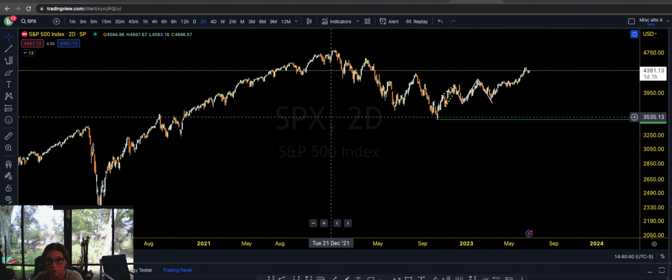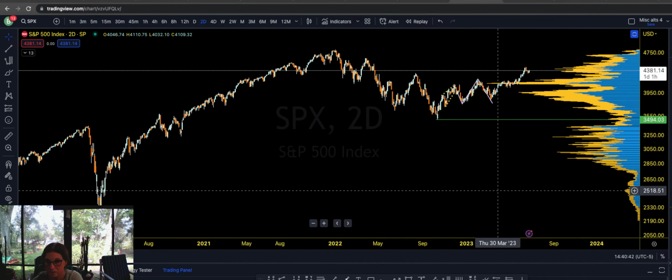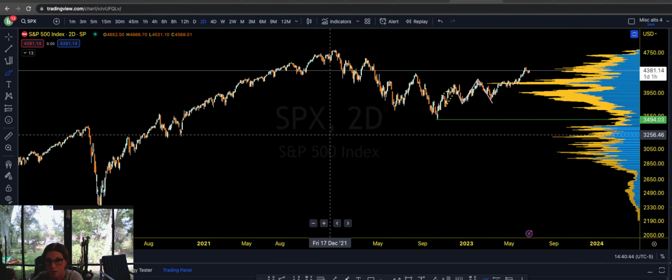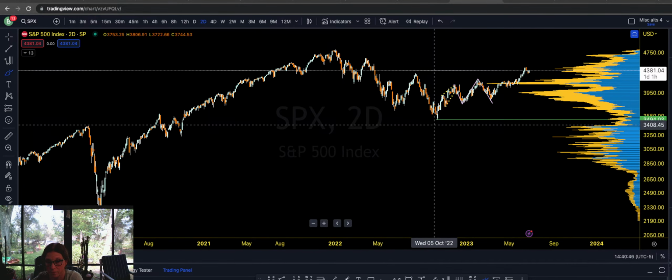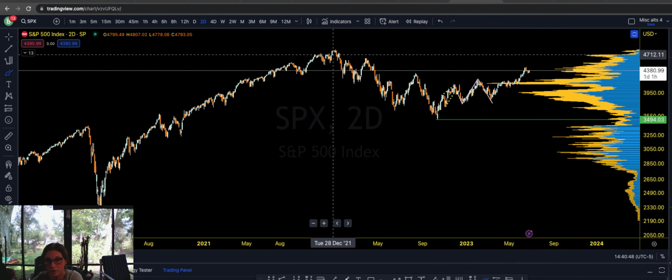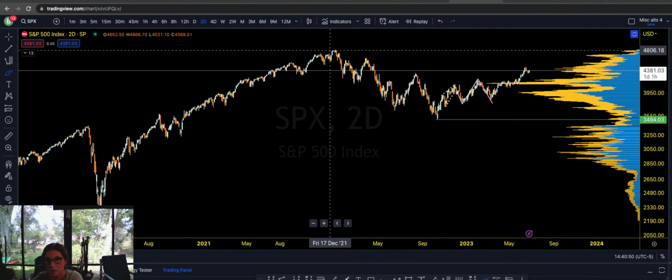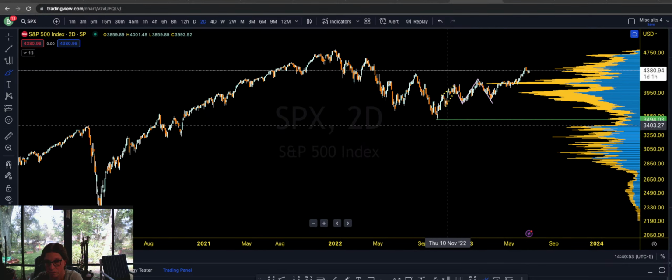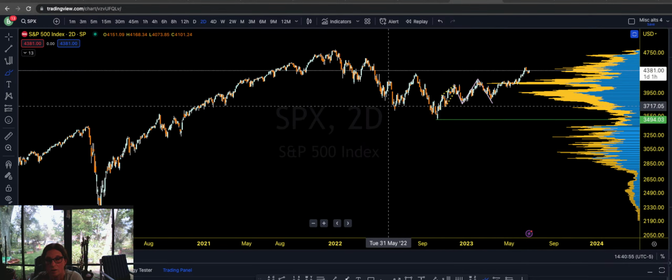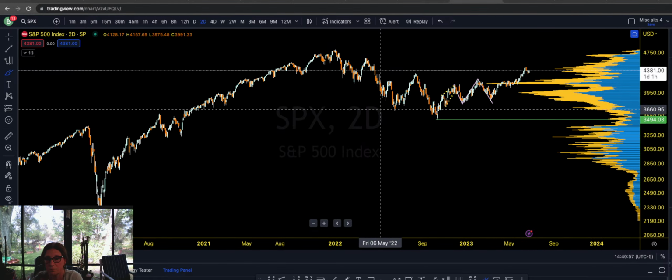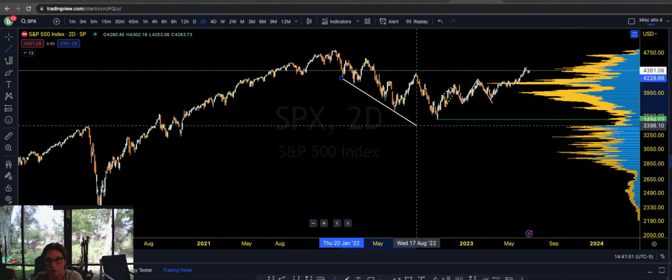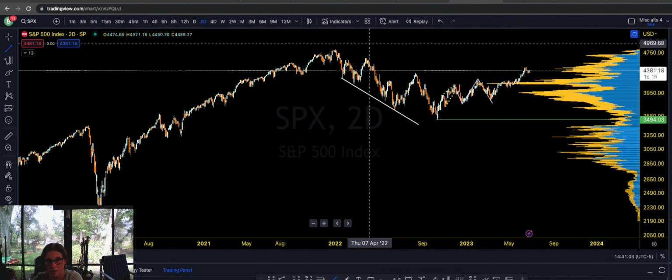And then on the smaller degree scale, the good news is that it came off the top, probability-wise, in a complex structure. The only potential thing that could turn it extremely bearish is if this is an expanding diag.